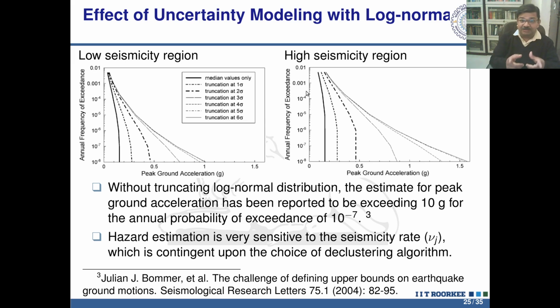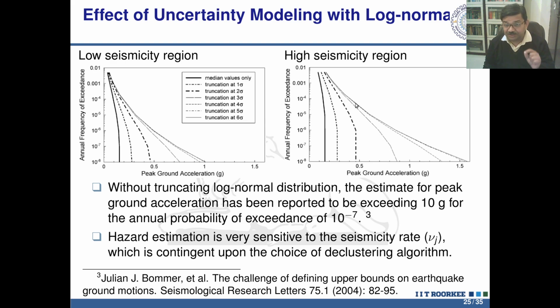And that is my biggest question with this revision. Nowhere in the code is it mentioned what epsilon value has been used to truncate this probability integral. From the values that they have quoted, it appears to be epsilon equal to 3. So this is the curve that they are following.